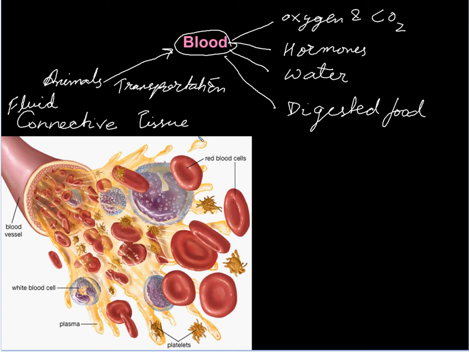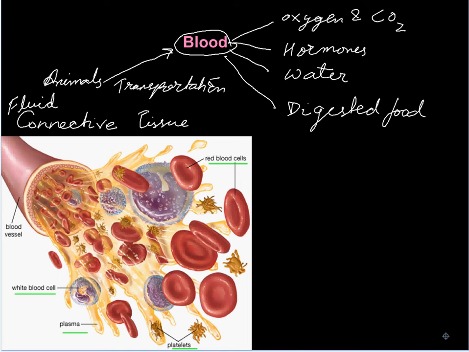Now, the blood is a fluid connective tissue, so it is made up of different types of cells. The various components which together form the blood are red blood cells, white blood cells, plasma and platelets.